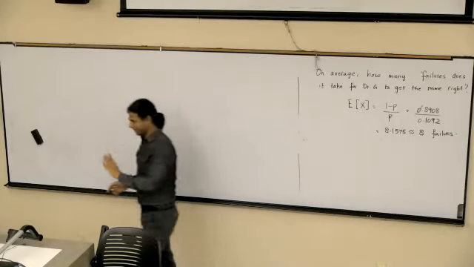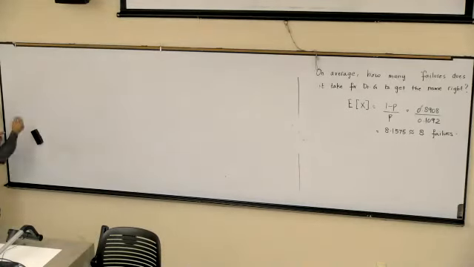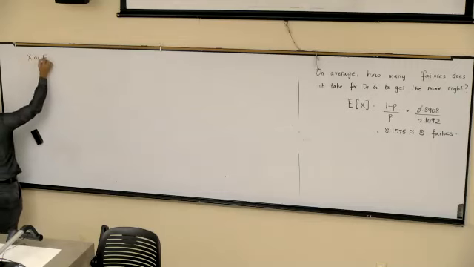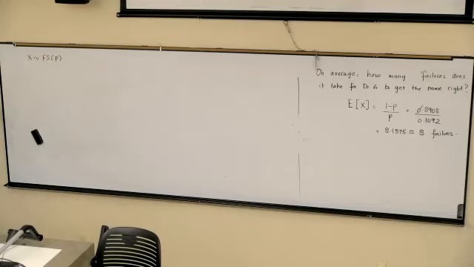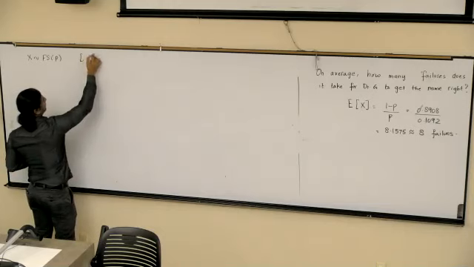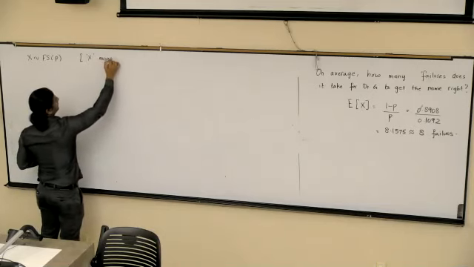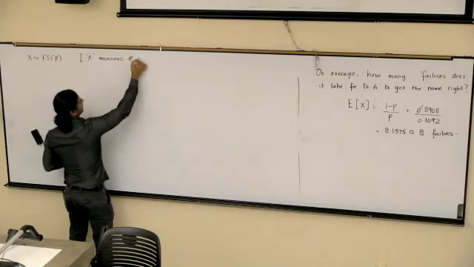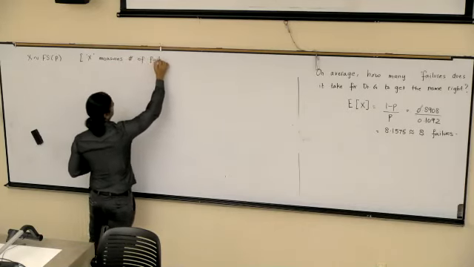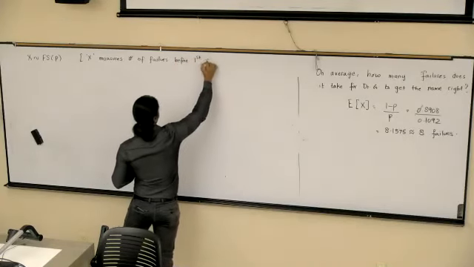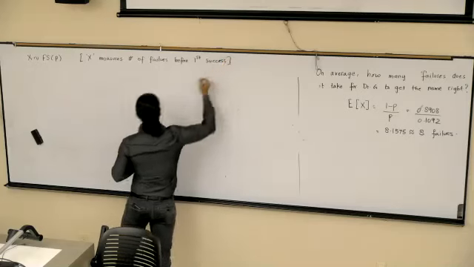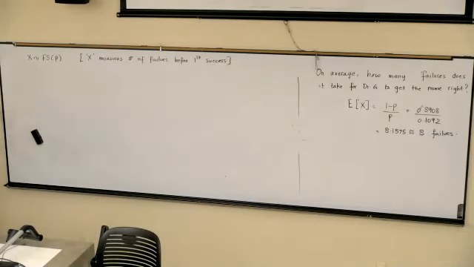Let's say X is the first success distribution. In other words, what does X measure? X measures the number of failures before the first success. That is how we define the problem, right?